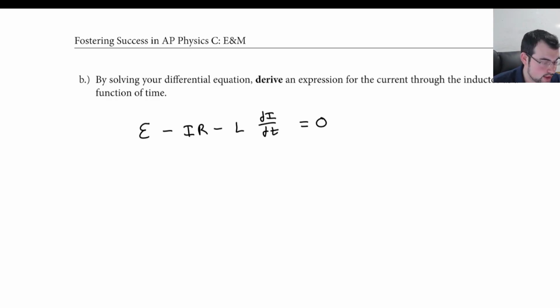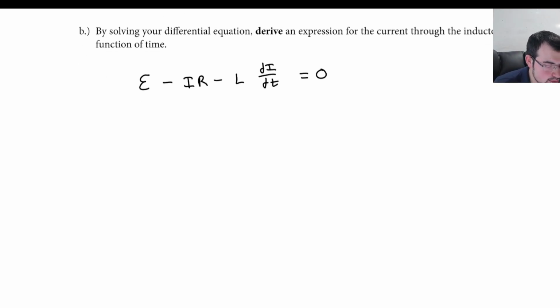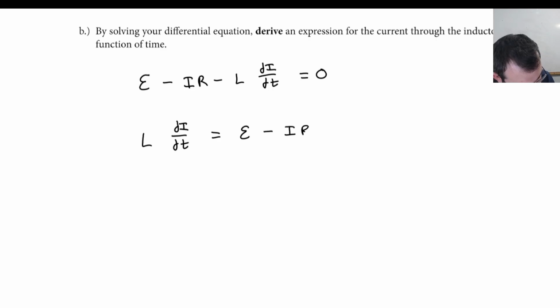Before we can make a reasonable guess as to our solution, we need to figure out what the derivative is doing. If I add the derivative term to both sides, I get L di/dt equals epsilon minus IR.